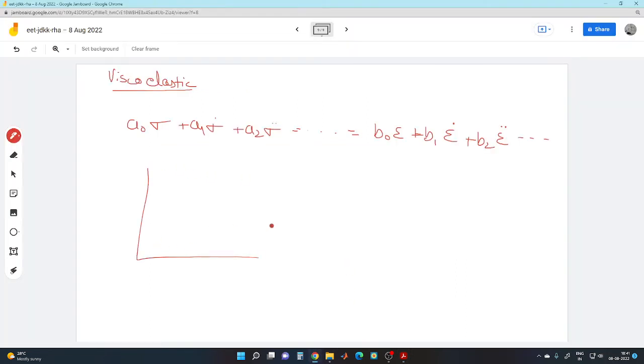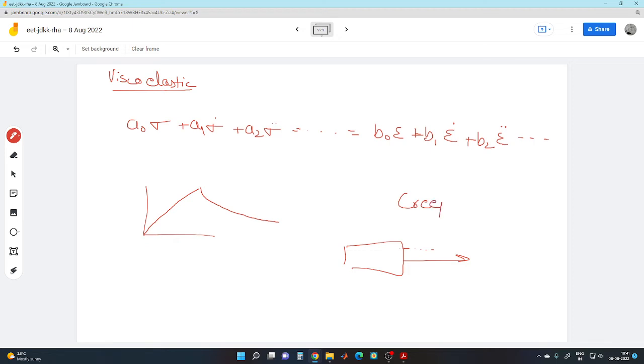Like if you pull the solid, this is the sigma epsilon curve. So what happens here is the stress strain actually goes fast, and then there is a relaxation. Like if there is a beam, you pull it instantaneously, then this expansion will happen after some time. So these are called creep and stress relaxation.